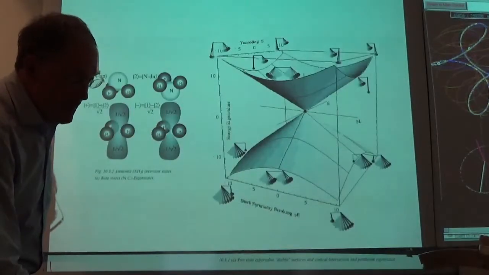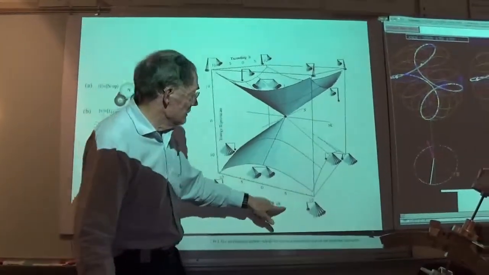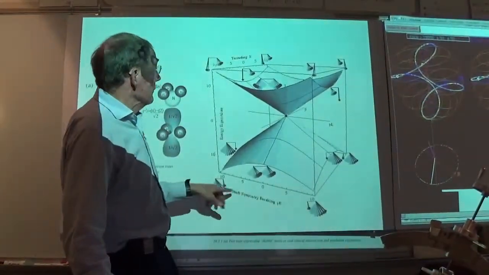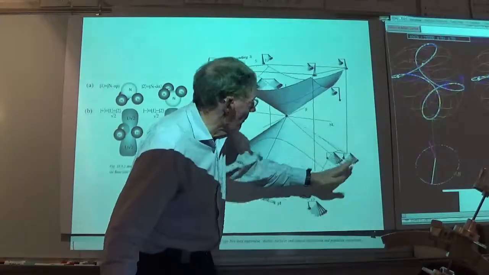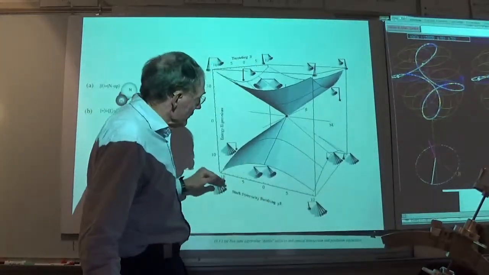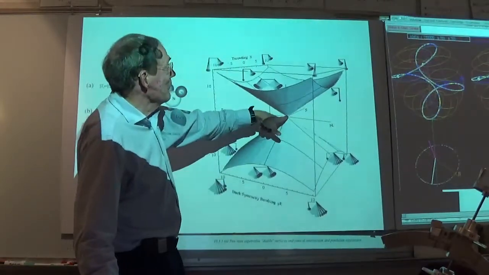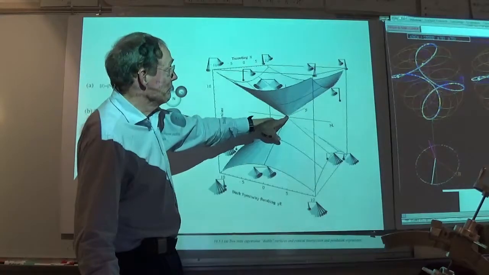Okay, so here's a picture of the whole cone associated with the electric field this way, the tunneling into the board. That's the B axis right there, this is the A axis right here, and there's the avoided crossing that wasn't avoided.